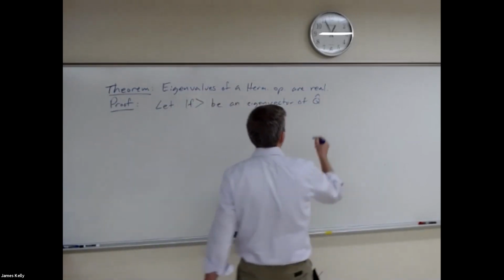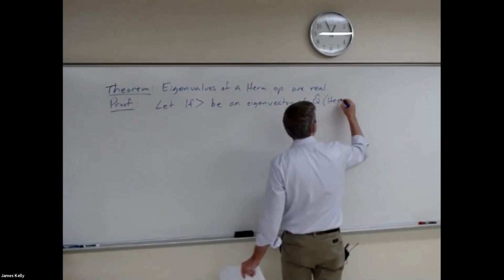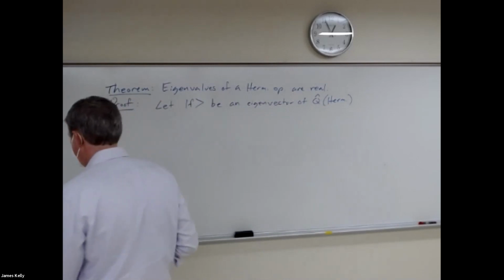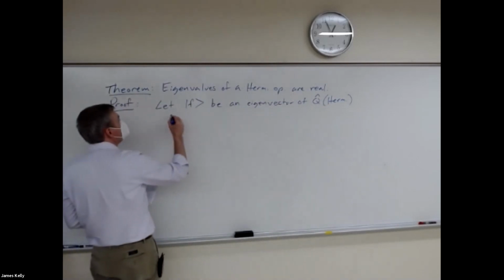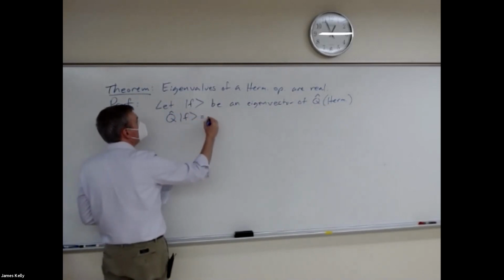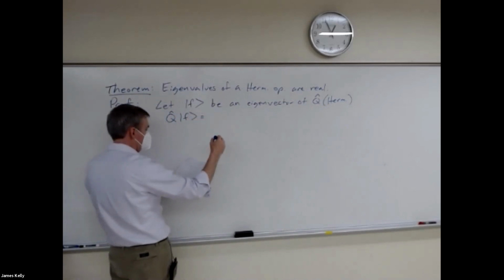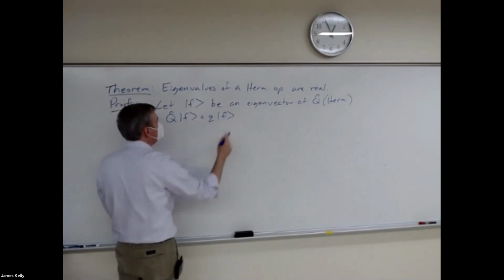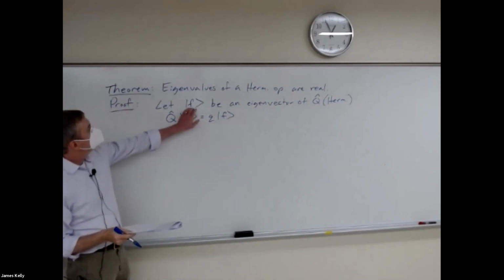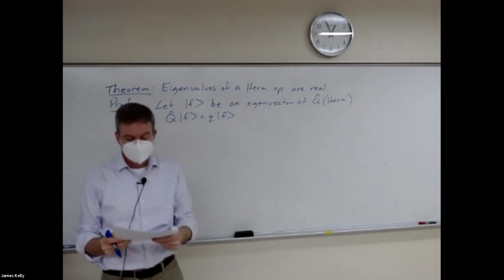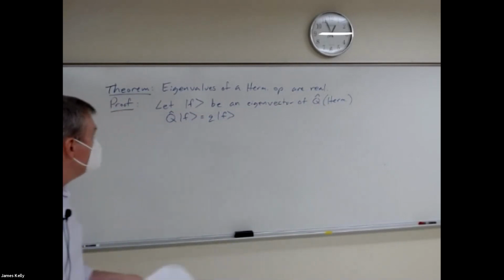We're assuming this is Hermitian, so it satisfies that definition. What that means is that Q operating on f equals some little q times the same f back again. So this is an eigenvector, and we're going to call the corresponding eigenvalue q.